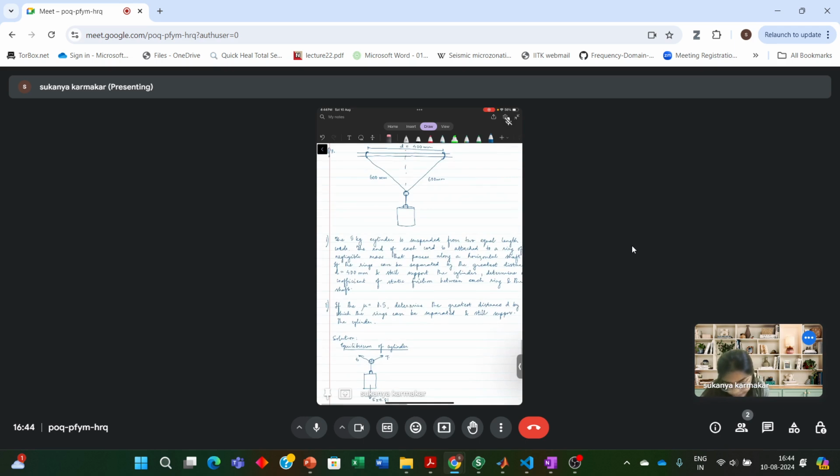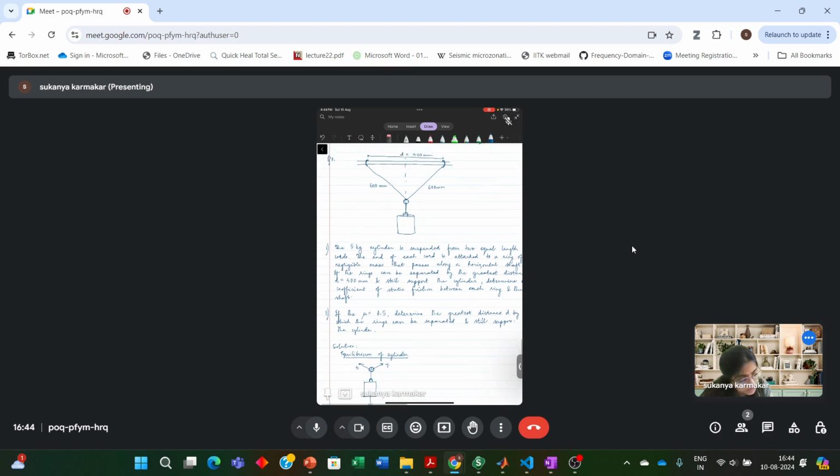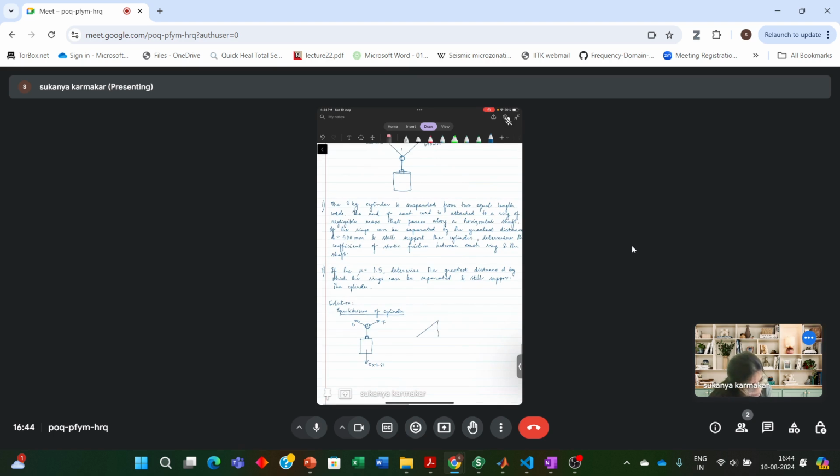If I look at this triangle, like if I look at the configuration here, this length is 600.